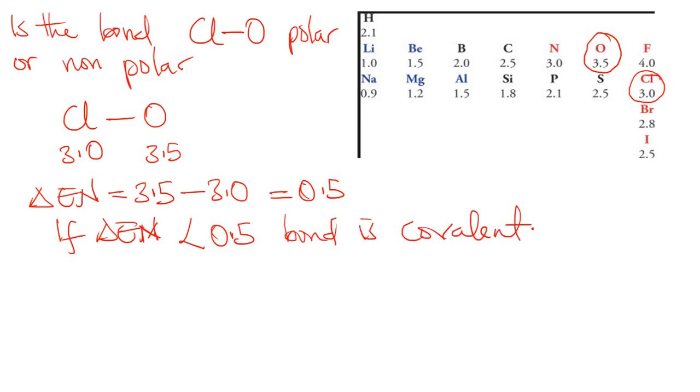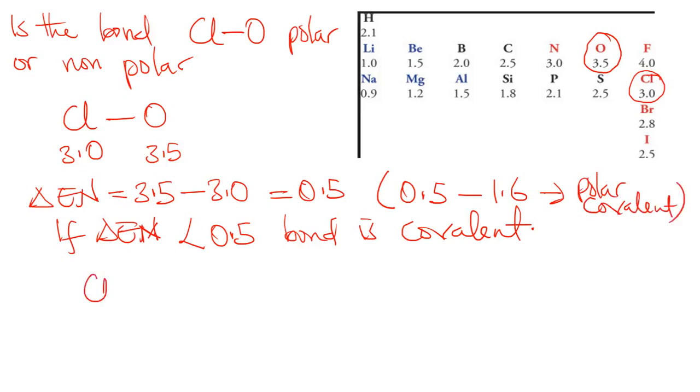So because it is equal to 0.5, it is not less than 0.5. If it is equal to 0.5, we know that between 0.5 and 1.6, the bond is polar covalent. Therefore, the bond ClO is polar covalent.